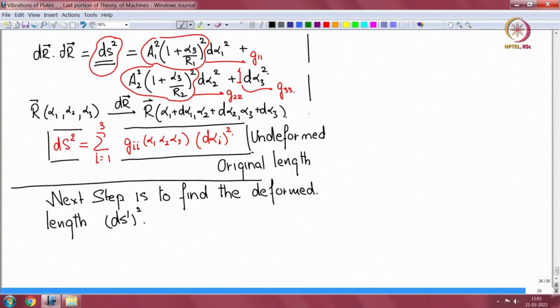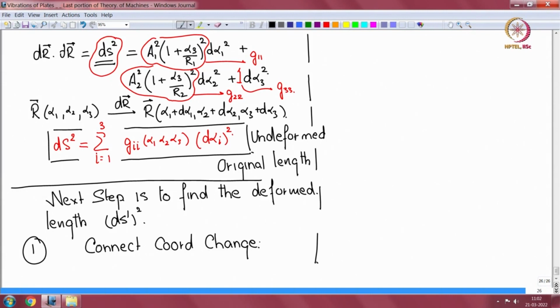Now, first thing is how to connect coordinate change, because we are in curvilinear coordinates, some coordinates are angles. How to connect coordinate change to length change? Okay.